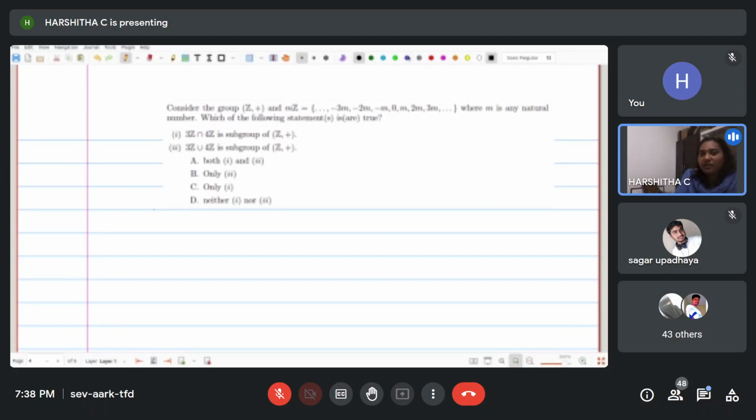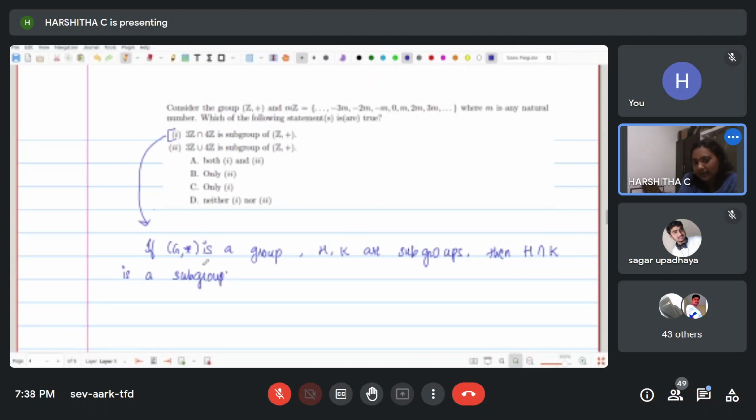So the first statement, you would have probably seen a more general version of this: if G star is a group, and H, K are subgroups, then H intersection K is a subgroup, right?